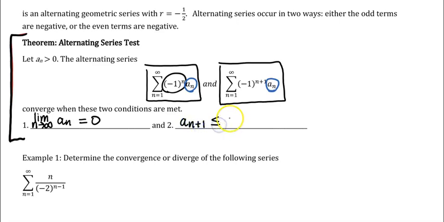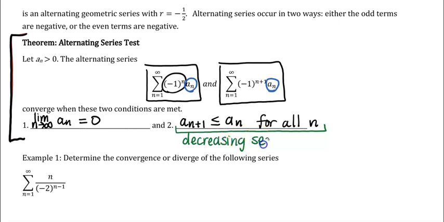That means that as the terms increase, they need to be getting smaller for all n values. So this second condition means that we need to be working with a decreasing sequence. If we can show these two things, that the sequence is decreasing and that it goes to 0, then we can conclude with the alternating series test that the series converges.